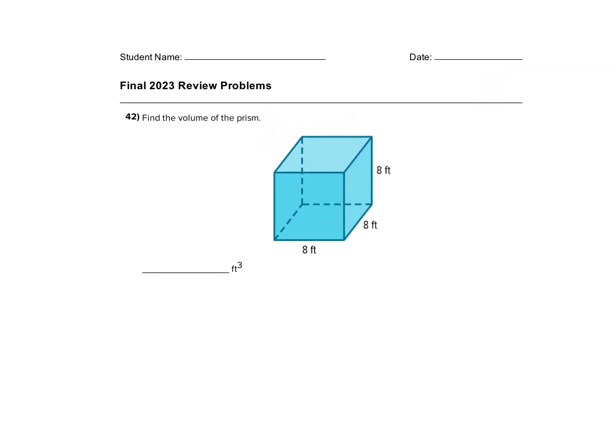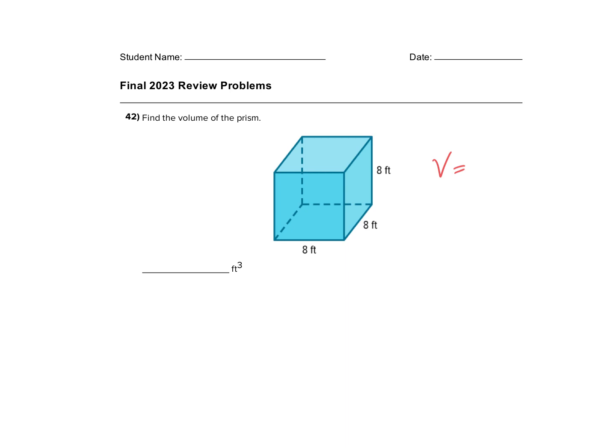Last question is our easiest. We're again looking for the volume, and if you notice, all of our side lengths are the same. So this is a cube. A cube is a three-dimensional square where all side lengths are the same.